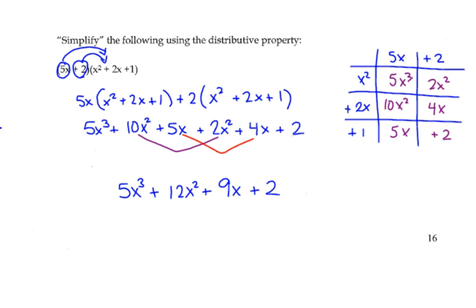Where are your like terms going to be? Diagonal. So these two and these two are like terms. The nice thing about the chart is it really organizes those like terms. Does it give us the same final answer? 12x squared, 9x, plus 2 and a 5x cubed.